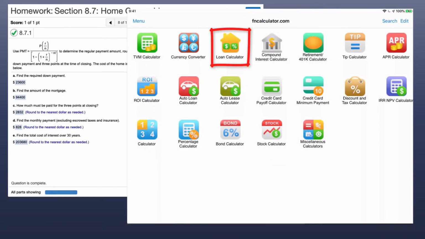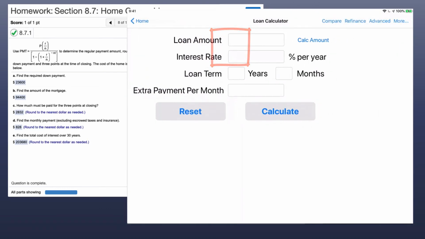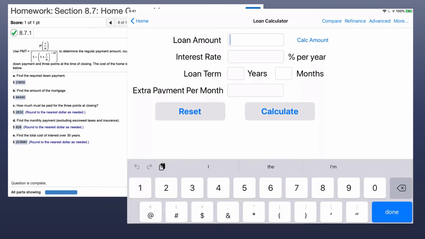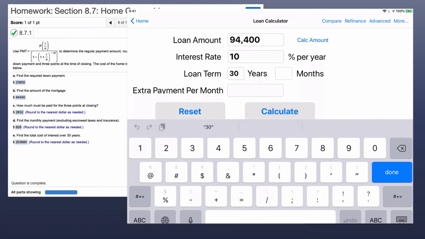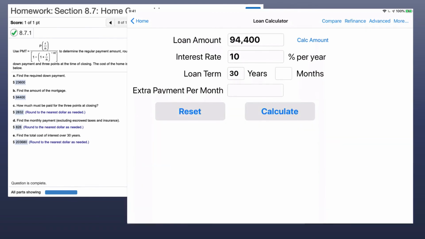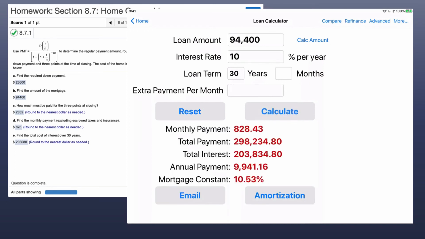But again, I'm going to just do it in the loan calculator. So that's up here in the top. So loan amount. We wanted to borrow $94,400, right? So that's after our payment. Interest rate was 10%. How many years? 30. And that's all we need to tell it, right? And so I can hit calculate, and there we go.